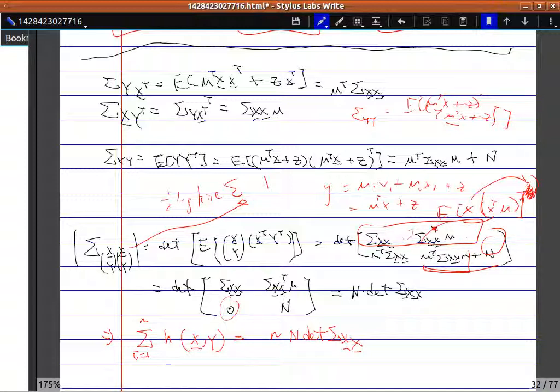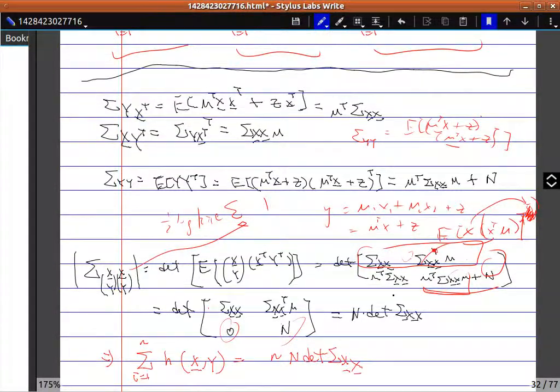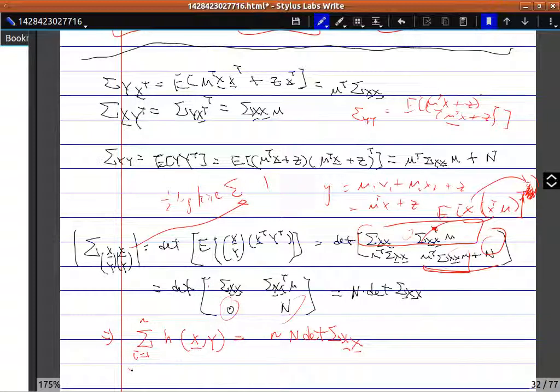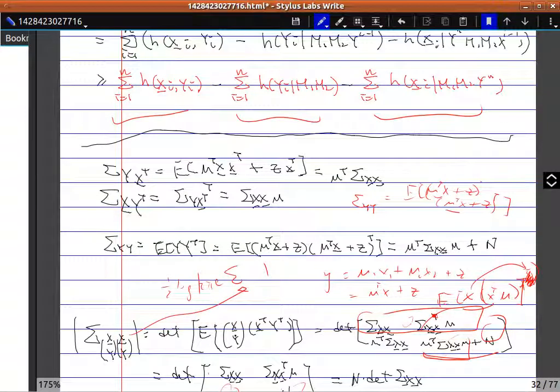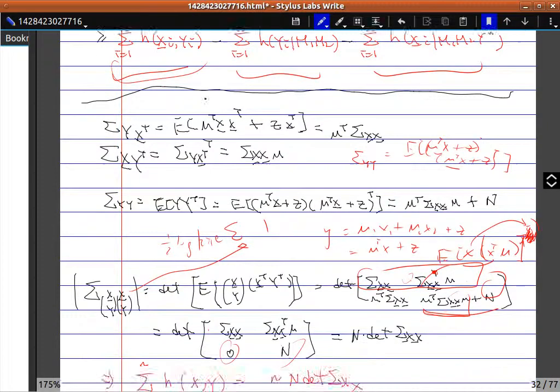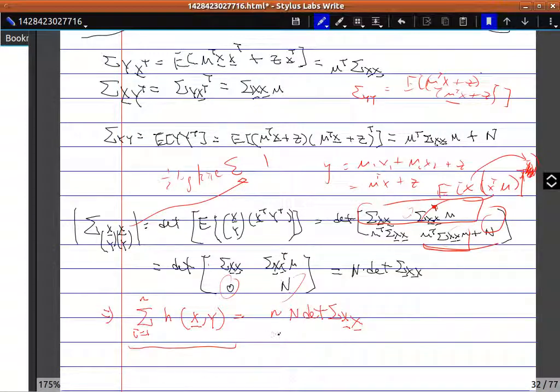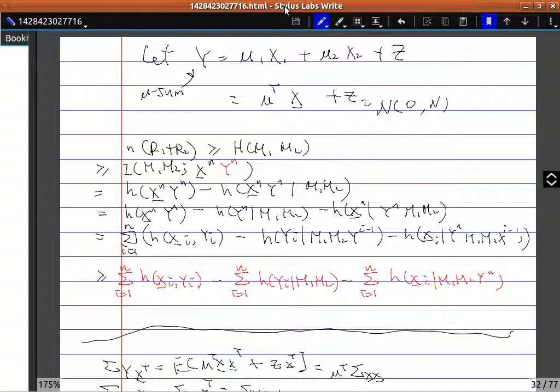So this got cancelled, and only n is left. Therefore the determinant is simply n times the determinant of sigma xx. So this first term is easy. This thing here is just equal to n times the determinant of sigma xx. So we find one of the terms for the mu sum bound here.